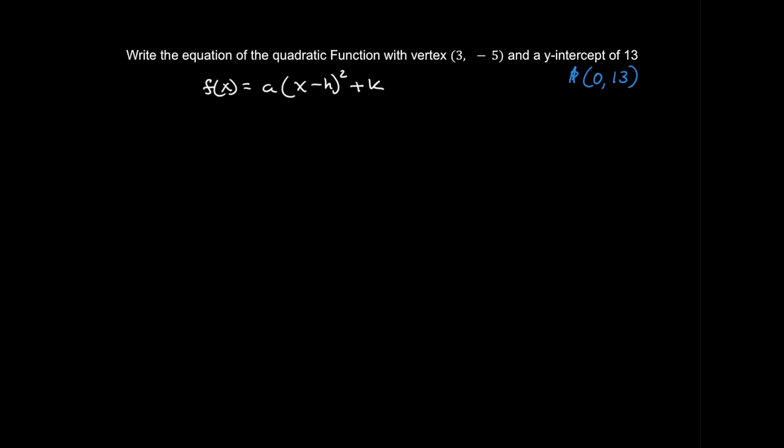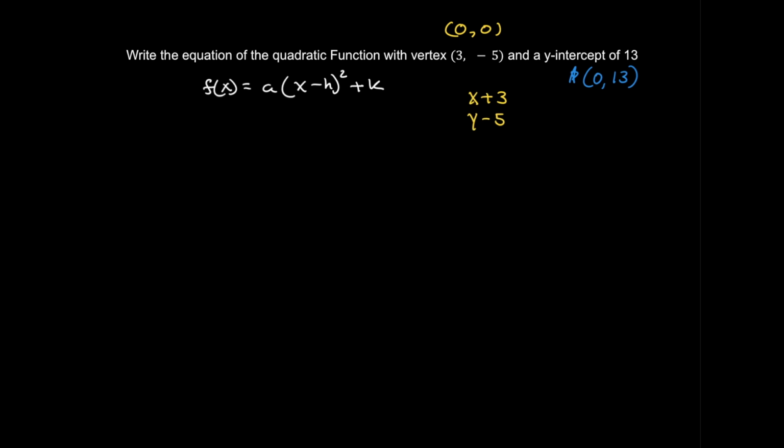So normally the vertex of a quadratic is 0, 0, but now the vertex is 3, -5. So the vertex is unaffected by dilations or reflections. So from this, I can glean that the translations is x plus 3. We're adding 3 to the x values, translating it right 3, and y minus 5.